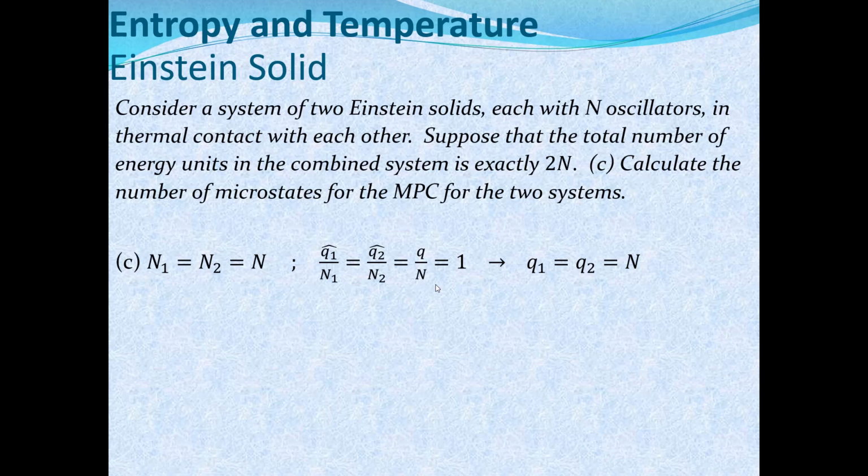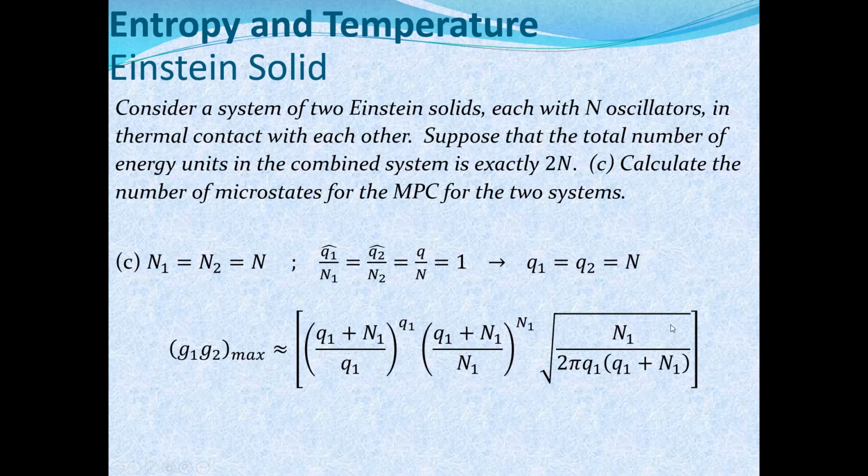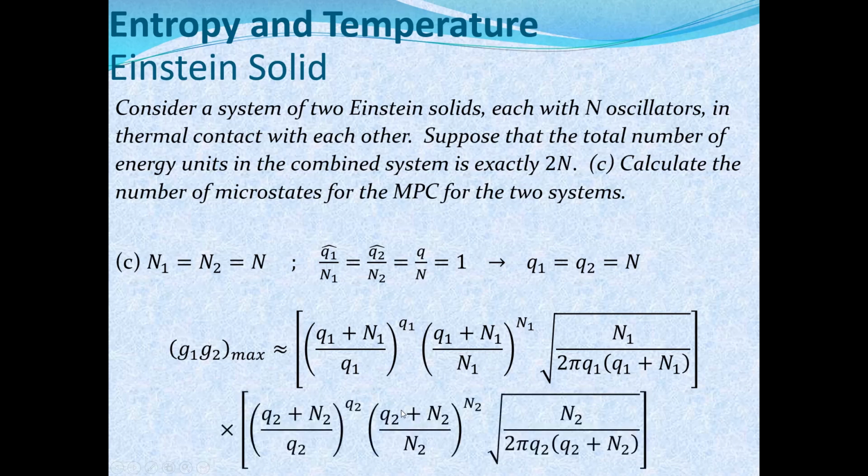So that actually ends up telling us that the number of energy units in Q1 has to be equal to the available energy units in Q2, with Q1 and Q2 being equal to n, because Q1 plus Q2 has to equal 2n. So from there, if I just take the equation that we have for the total, the most probable configuration, and just use this idea that Q1 and Q2 are all going to be n, I end up getting this.